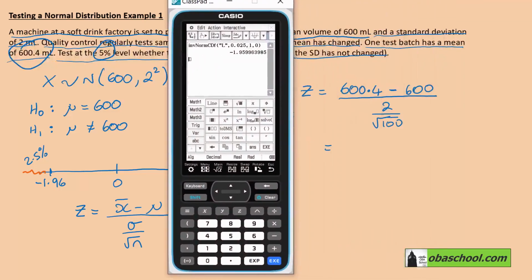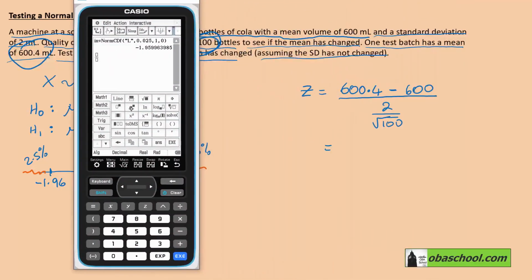I've got 600.4, take away 600, divided by 2 over the square root of 100, which of course is 10, and that actually gives me 2.